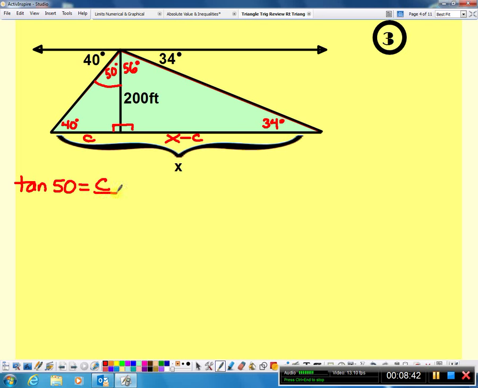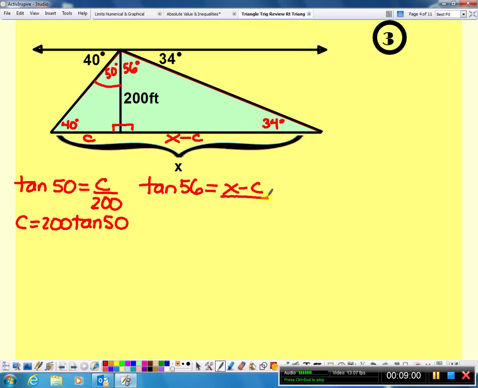So c equals 200 tan 50. This is really a pretty easy problem. When I look at the right triangle, I'm going to say that tangent 56 equals x minus c over 200. So x minus c equals 200 tan 56.